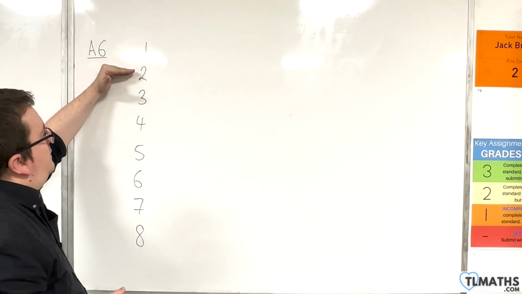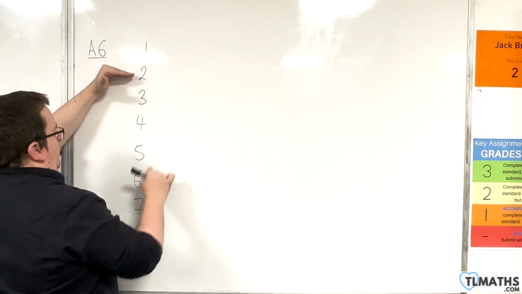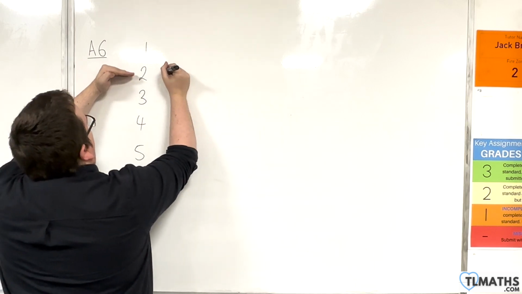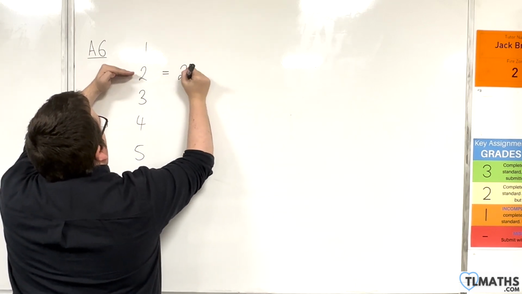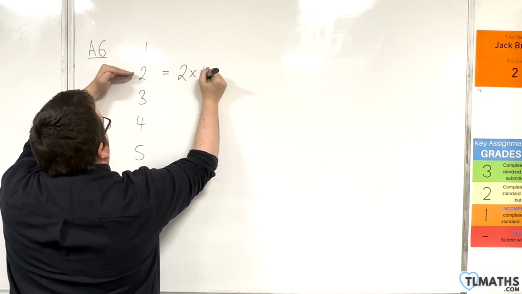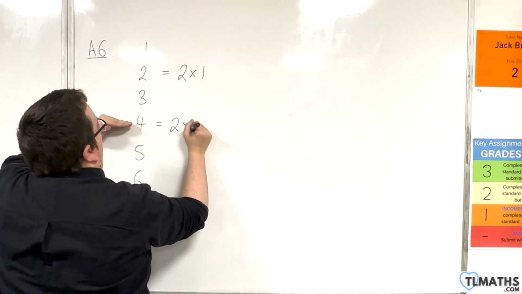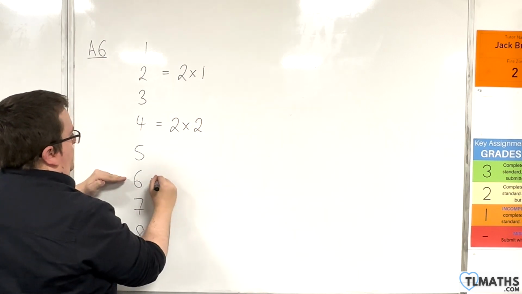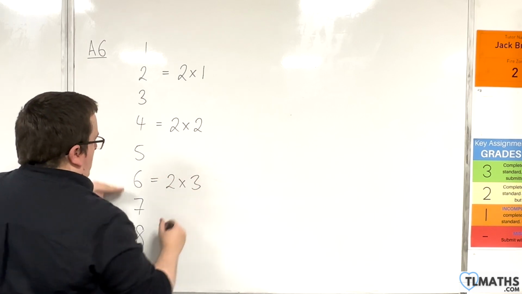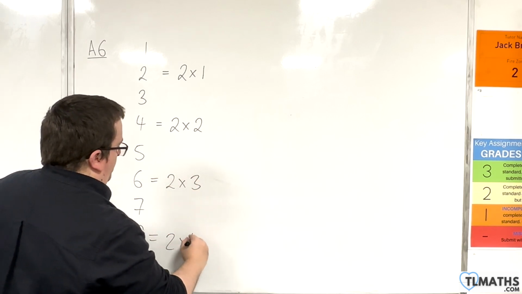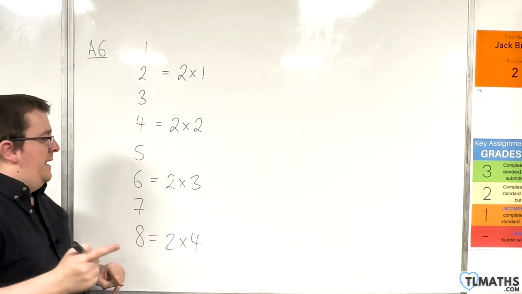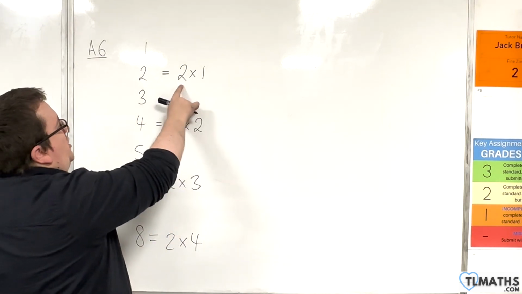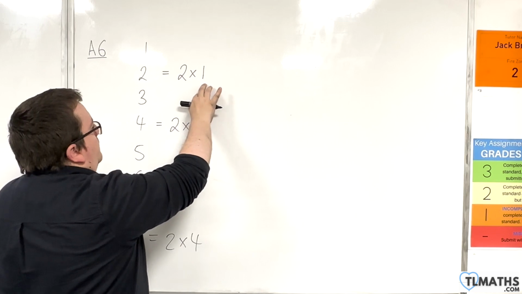And for those that are even, so 2, 4, 6, and 8, I'm able to write these as 2 times 1, and 2 times 2, and 2 times 3, and 2 times 4. And what's important here is that I'm able to write them as 2 times something.